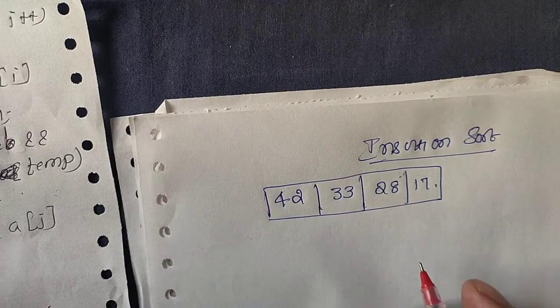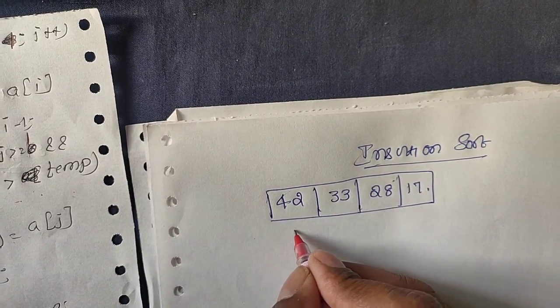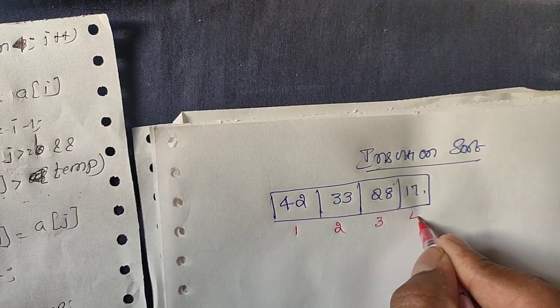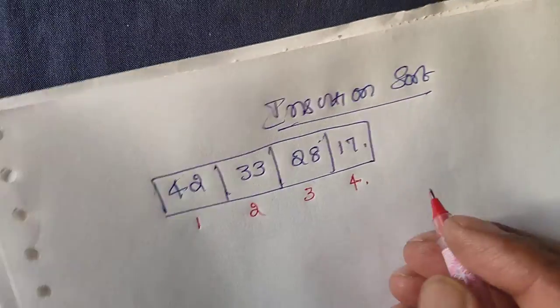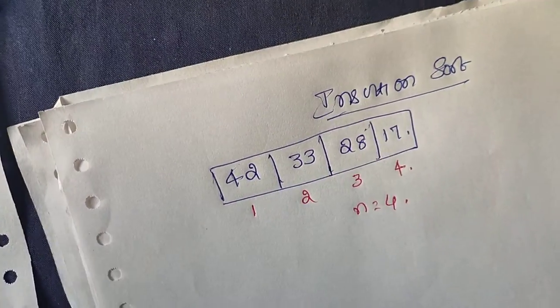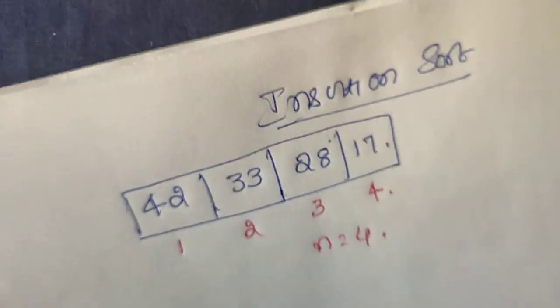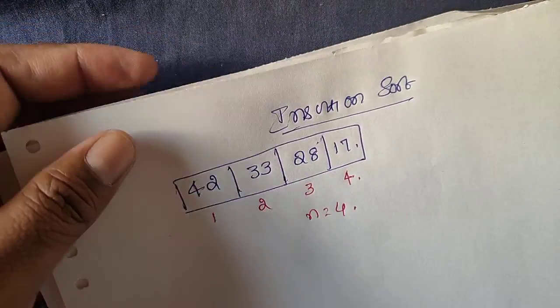But for clear understanding, I am taking the index values as first value, second value, third value, and fourth value. So the total number of values is n equals 4, and the index values are 1, 2, 3, 4.